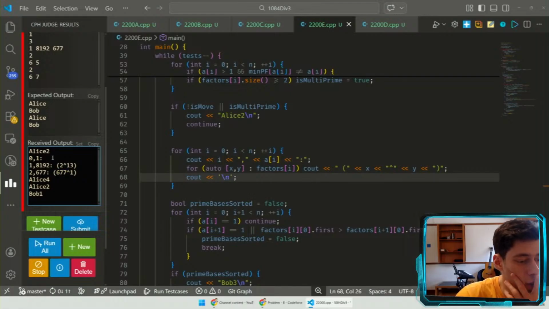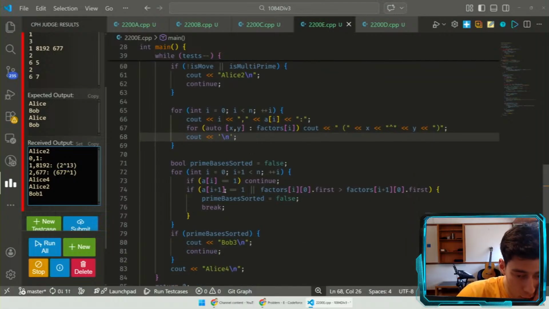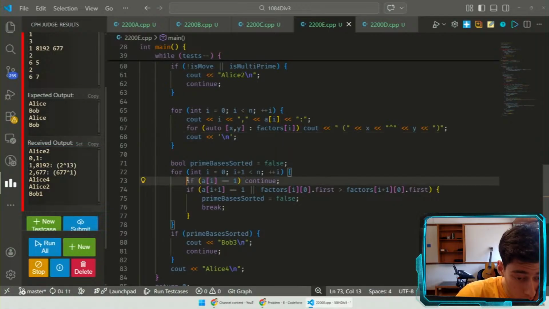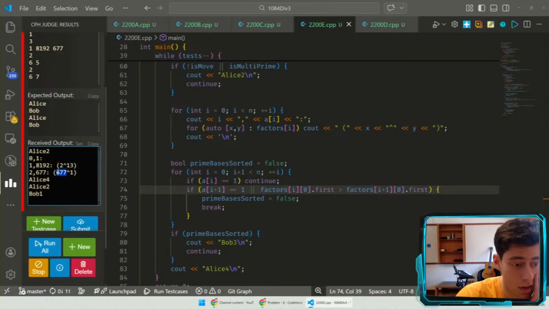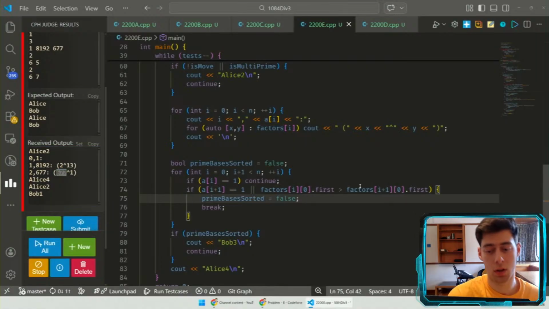This. Okay, so I mean, this is correct. But two is not bigger than 677.